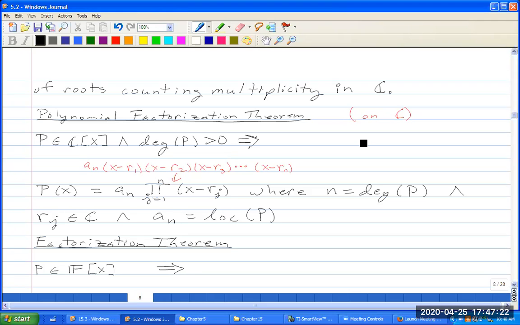In other words, it has the form a_n times (x minus r1) times (x minus r2) times (x minus r3) and so on up to (x minus rn). That's what this symbol here means. Where n is the degree of your polynomial, and the r sub j's, which are actually the roots of your polynomial, are complex numbers, and a sub n is the leading coefficient of your polynomial P.